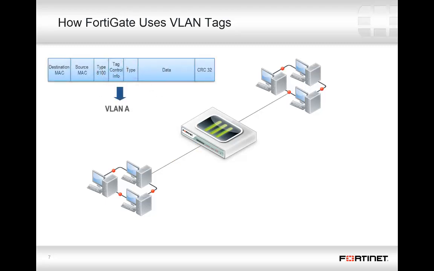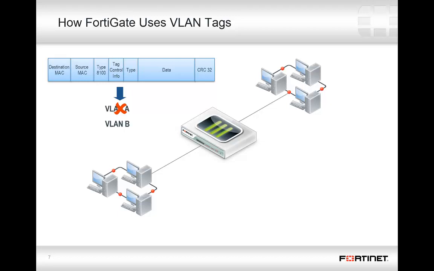When operating in NAT route mode, FortiGate is, among other things, a Layer 3 router. So it can do more than a Layer 2 switch. That is, it doesn't just remove VLAN tags from frames being forwarded to destinations and add VLAN tags to frames being forwarded from the source. FortiGate can also rewrite VLAN tags.